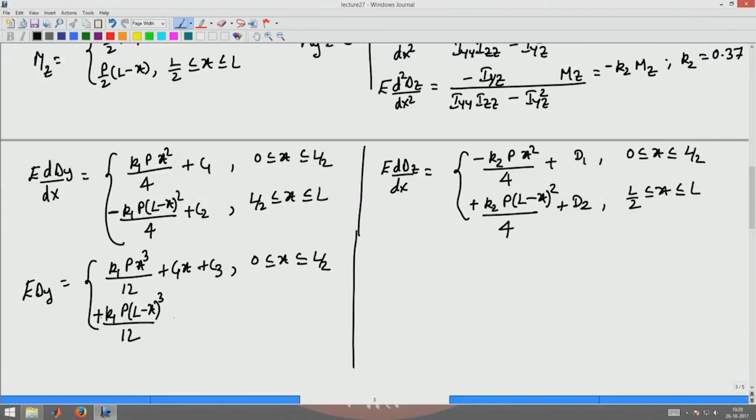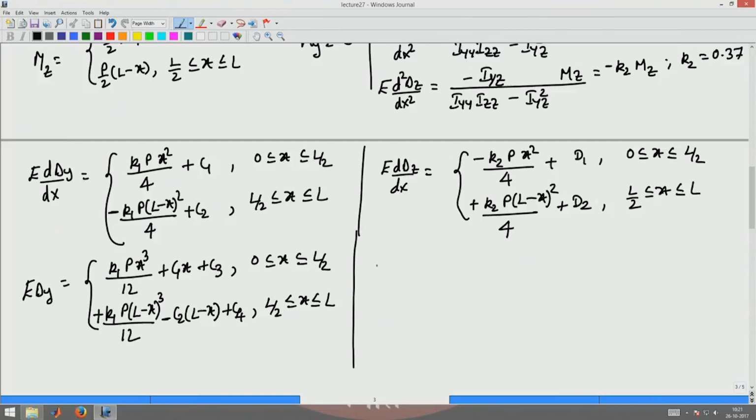I have a negative sign there coming in because of the integration, so that will become positive. I write c2 x as minus c2 into L minus x plus c4 for convenience, that you will see shortly. This is the same as c2 x, right? I added c2 L, so c4 will adjust itself, that is a constant.